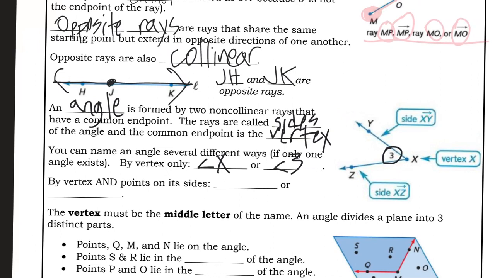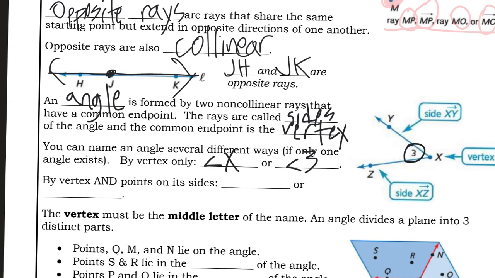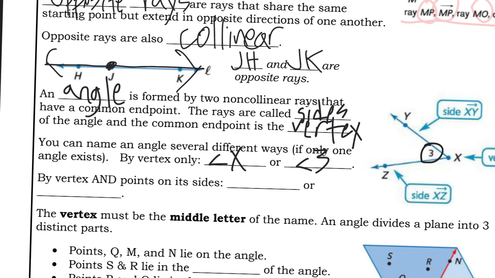You could also name the angle by using the points on its sides. Just always put that vertex point in the middle. So we can call this angle YXZ, or I can call it ZXY if I read it from bottom to top. Either one is totally acceptable.